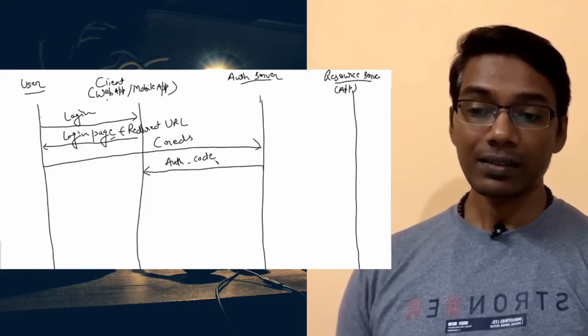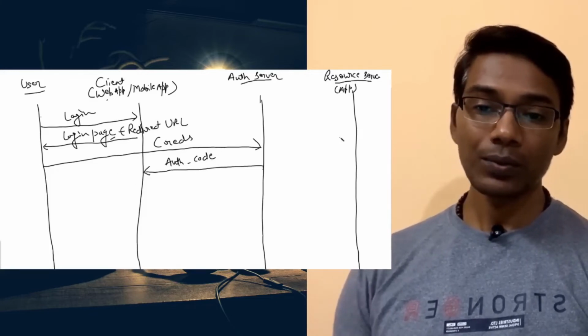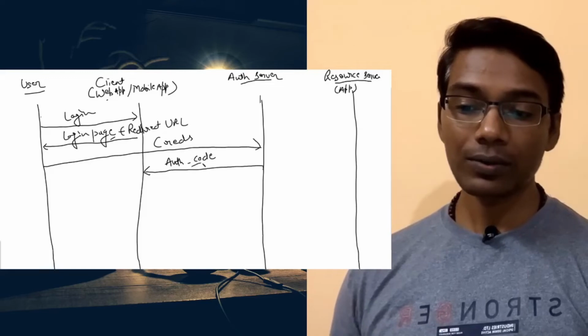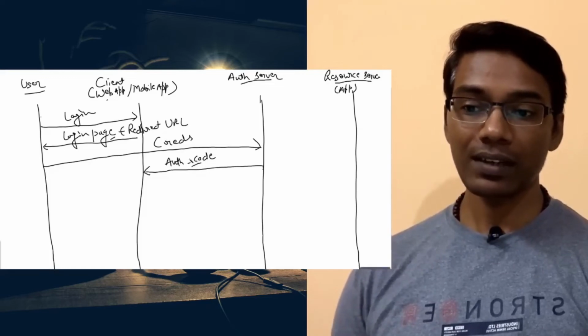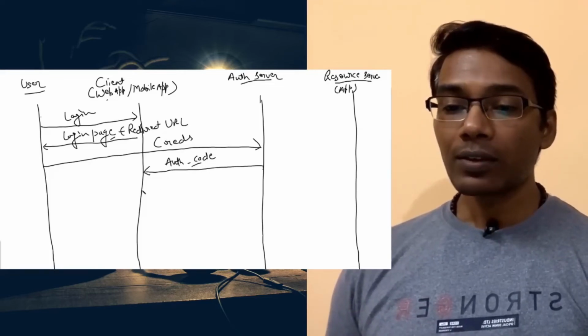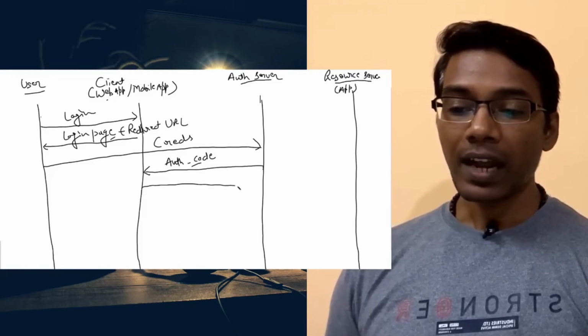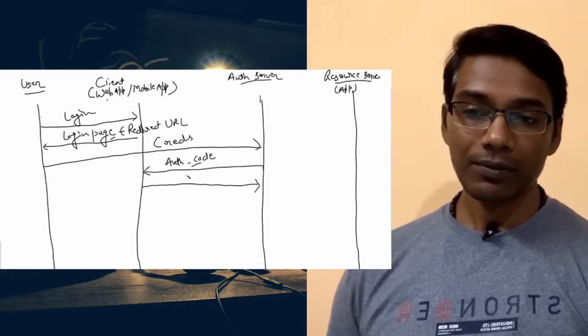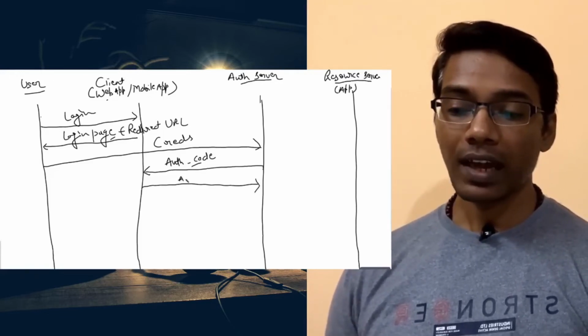But it doesn't yet allow the user to access this application, because this auth code just signifies that the user is valid. Okay, so now to access the resource, the client app will send a request for an access token.